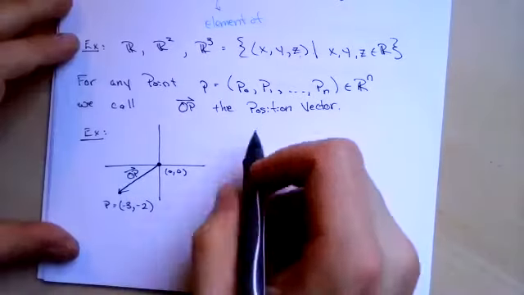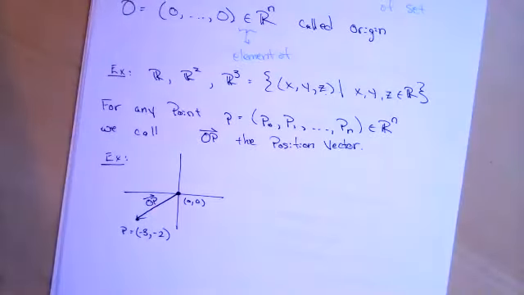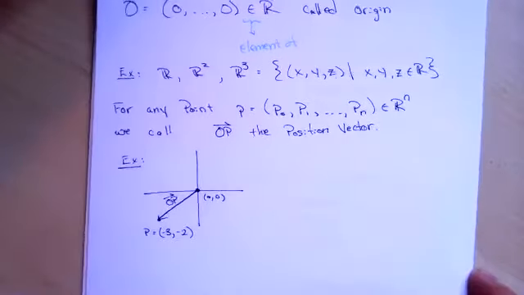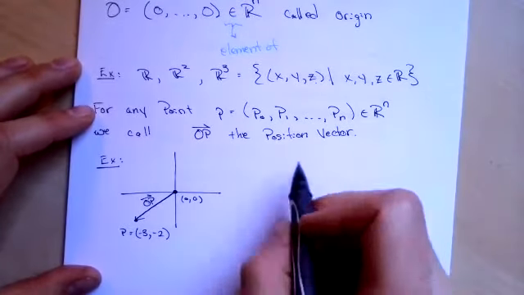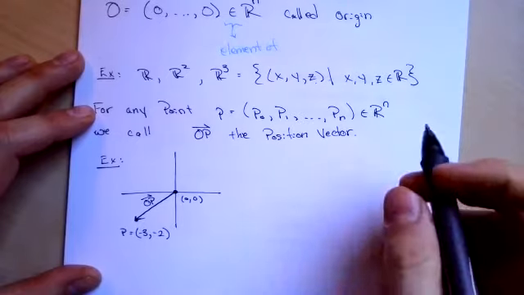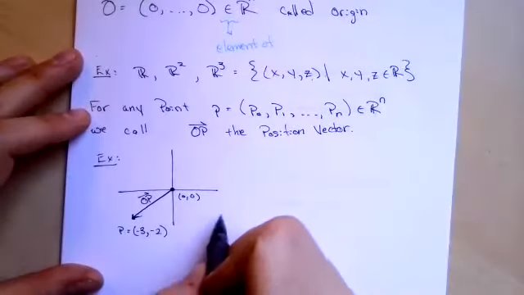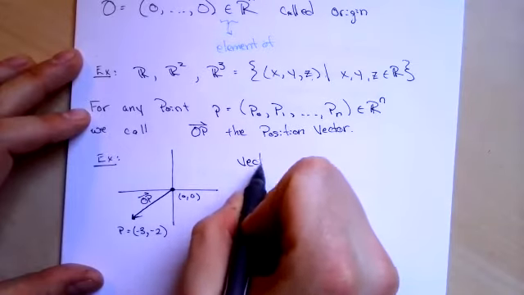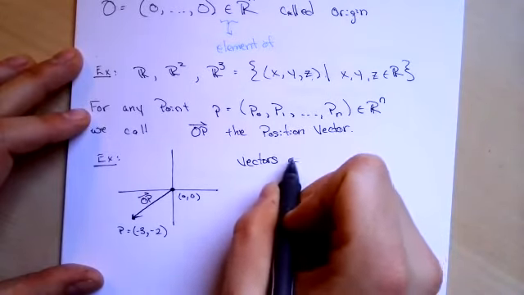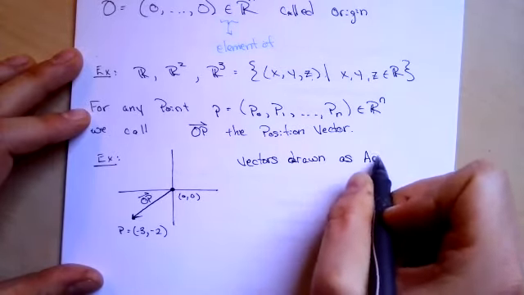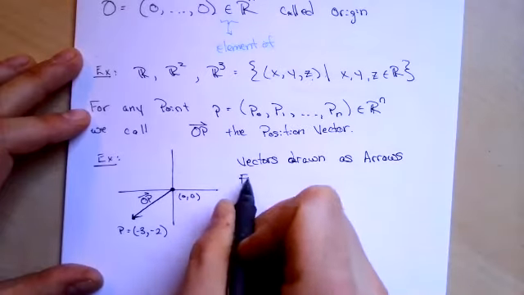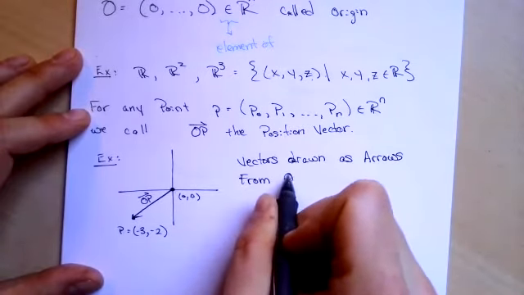We draw it as an arrow from the origin. So vectors are drawn as arrows from the origin.